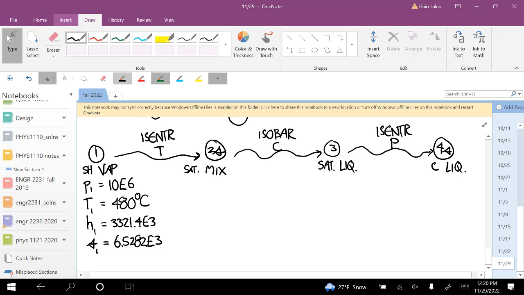Why would we look up the entropy at that state? It's pretty much always the same reason when we do it. The flow of this problem is, this is an isentropic process. So if we can find the entropy here, then we know the entropy here, and then we can use that to find the quality. State 2 is also 6.5282 times 10 to the 3rd.